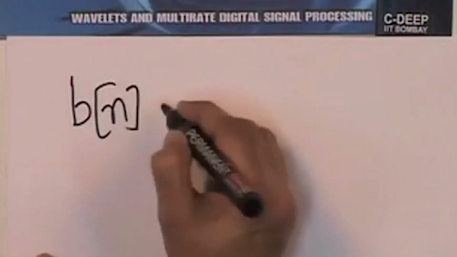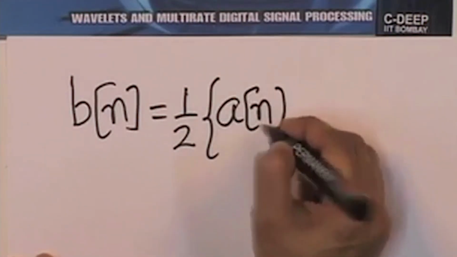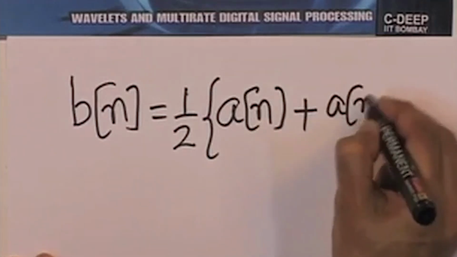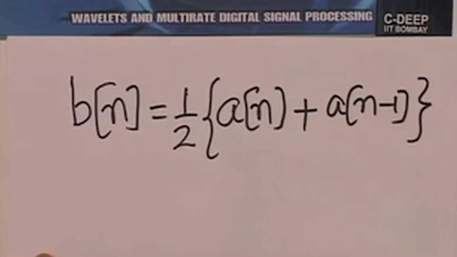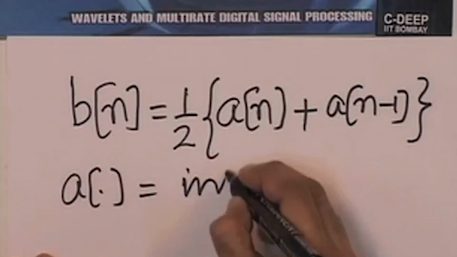Anyway, using this, let us transform the filters that we had a minute ago into the z domain. So, let me put down the two filters explicitly once again. I have the first filter given by b of n is half a of n plus a of n minus 1, where a is the input and b the output.